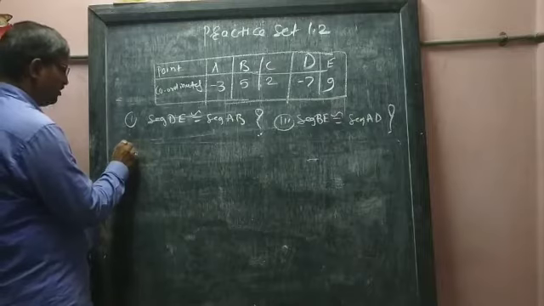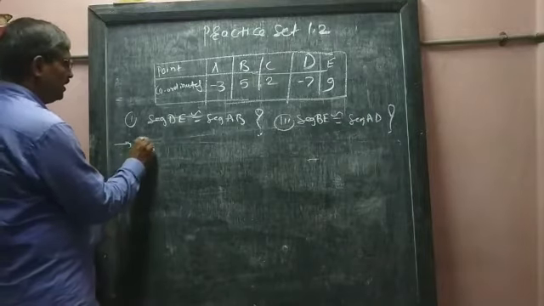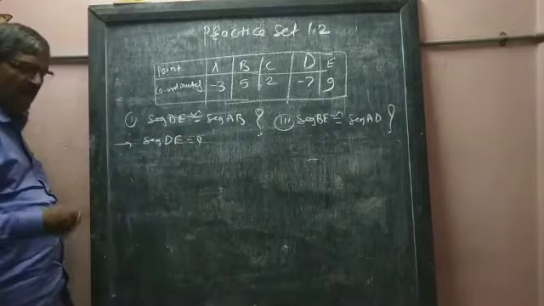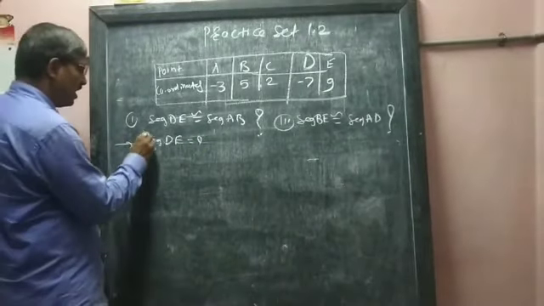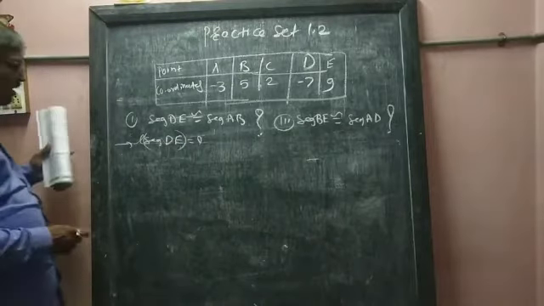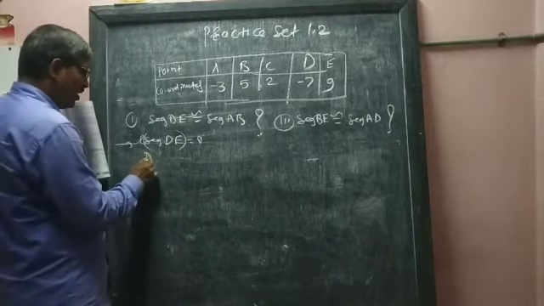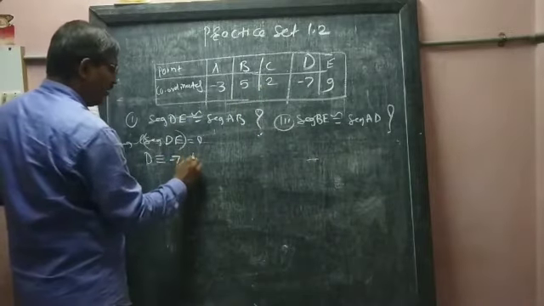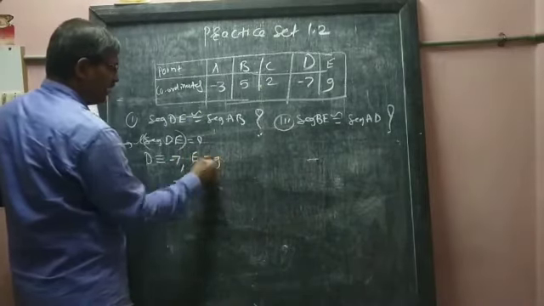Look here, first solution. In case of seg DE, if you want to decide whether these are congruent or not, then we have to find its length or distance. The coordinate of D is -7 and the coordinate of E is 9. Then 9 is greater than -7.